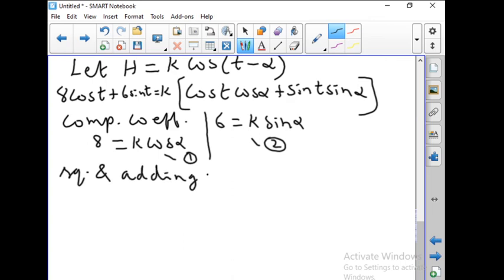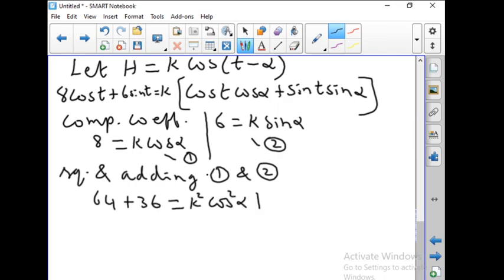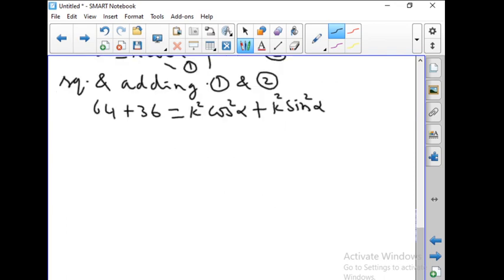What we get? 64 plus 36, adding 1 and 2. Okay. So 64 plus 36 is equal to k square cos square alpha plus k square sin square alpha. So this is 100 is equal to k square into cos square alpha plus sin square alpha.